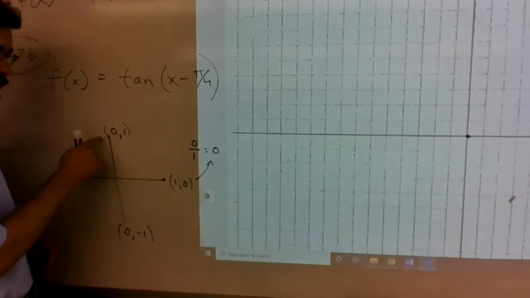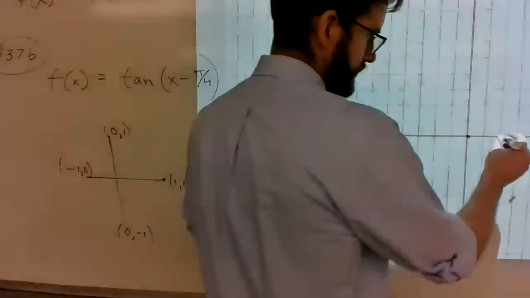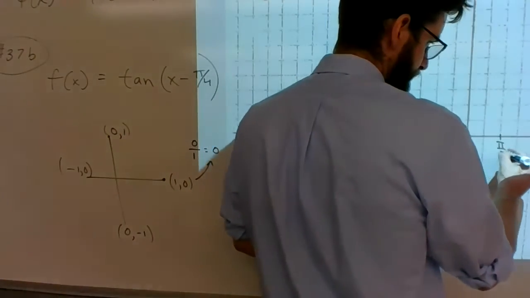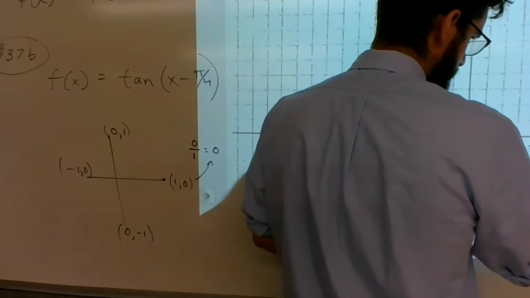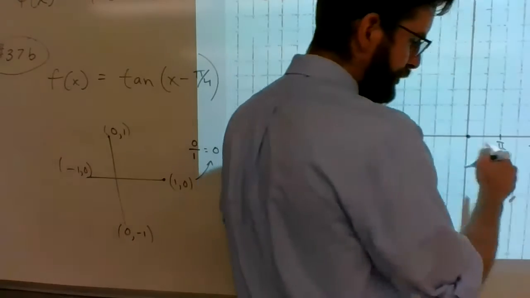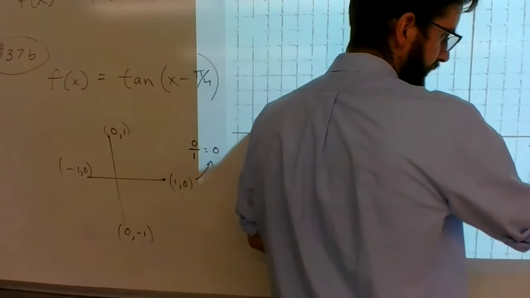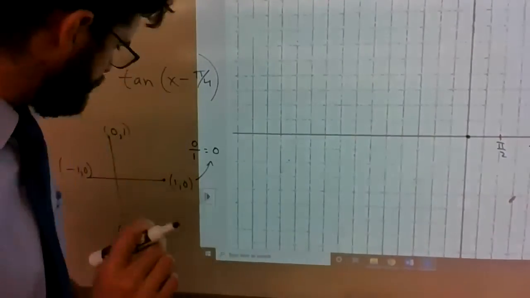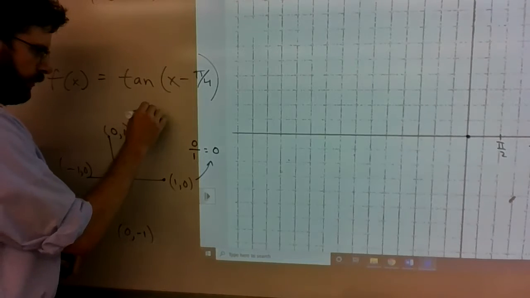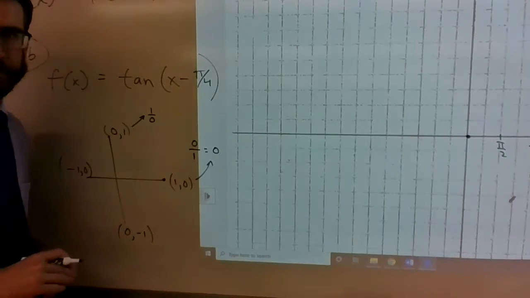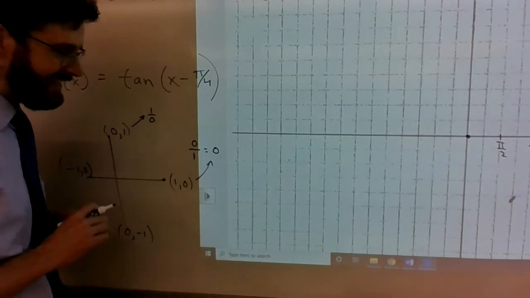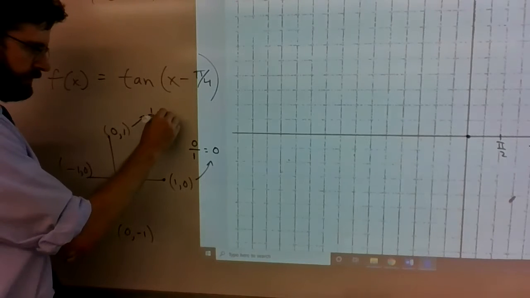At pi over 2 radians, okay, so we'll just keep skipping them. So every 2 represents a pi over 2 on my graph here. At pi over 2, you get 1 over 0, which is an undefined value.